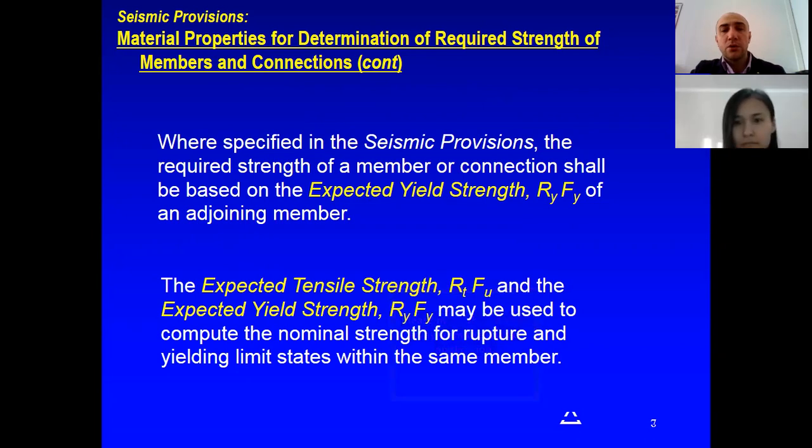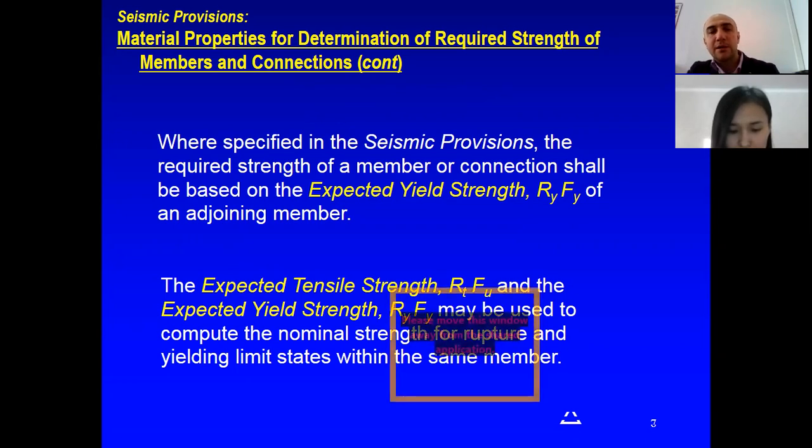So also it is important to understand when the minimum specified yield strength Fy, minimum specified tensile strength Fu, expected yield strength Ry Fy, and the expected tensile strength Rt Fu are used in the design processes.